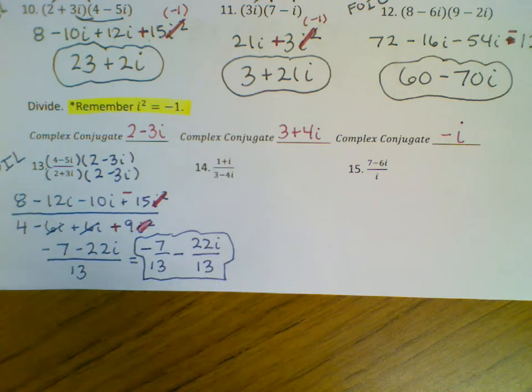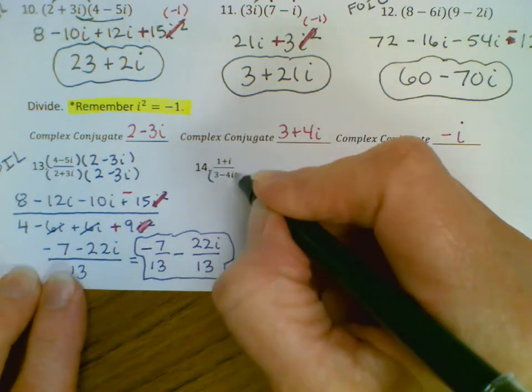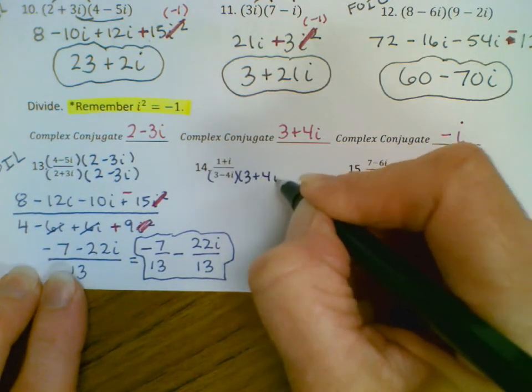Okay, same thing on number 14. I'm going to multiply top and bottom by its conjugate, which is 3 plus 4i. And I'm going to have to FOIL again.